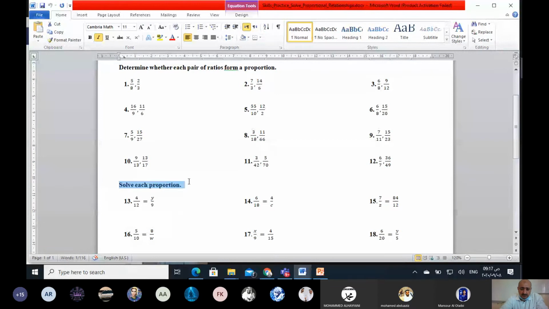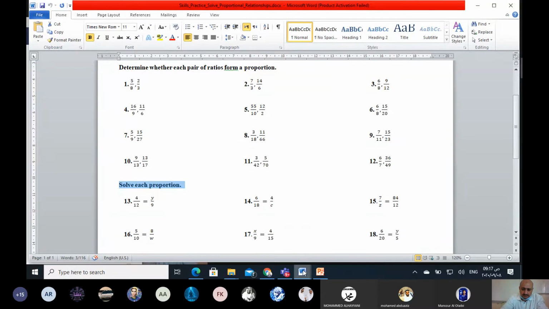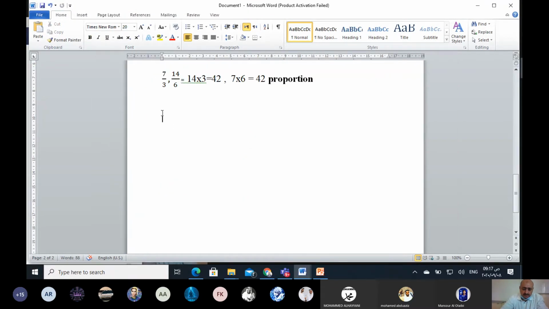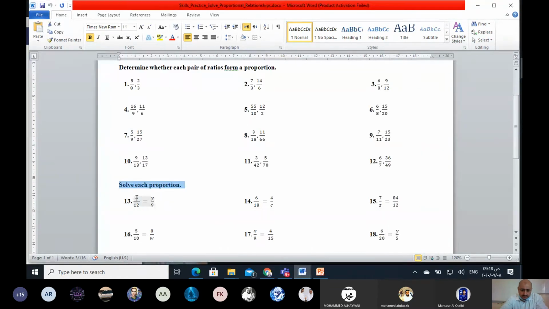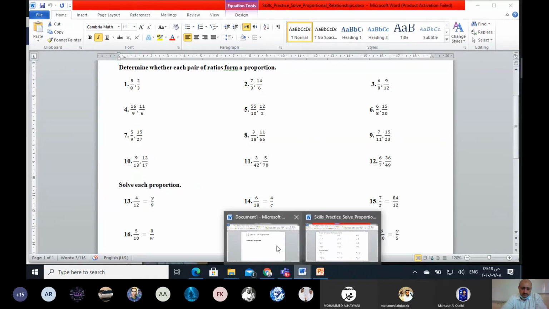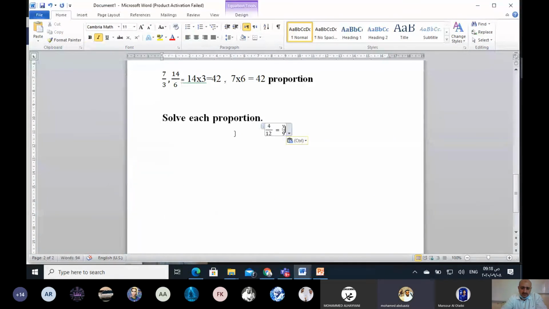Now the next question: solve each proportion here. The third one.